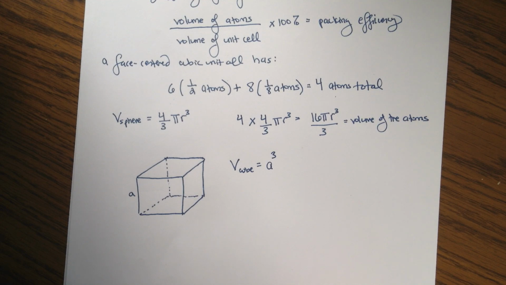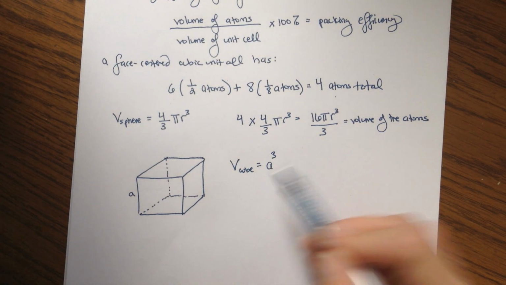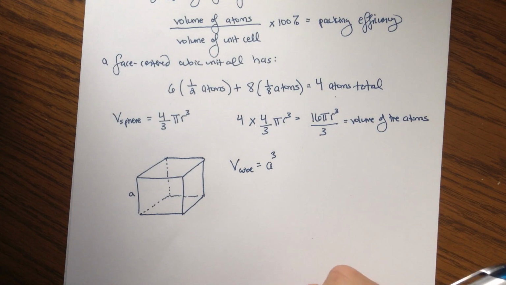It's not going to work out well. So let's see if we can simplify this to get a numerical percentage. If we can somehow get a in terms of r, then we'd be able to cancel out r and come up with a percentage. So that's our challenge: to write a in terms of r.